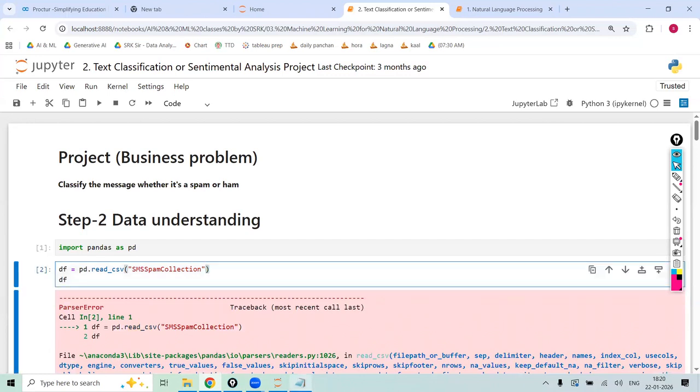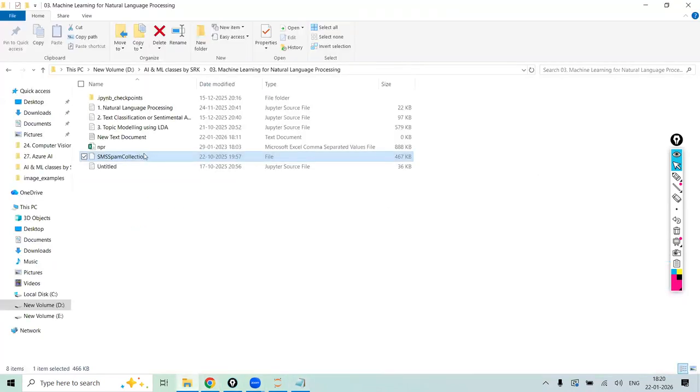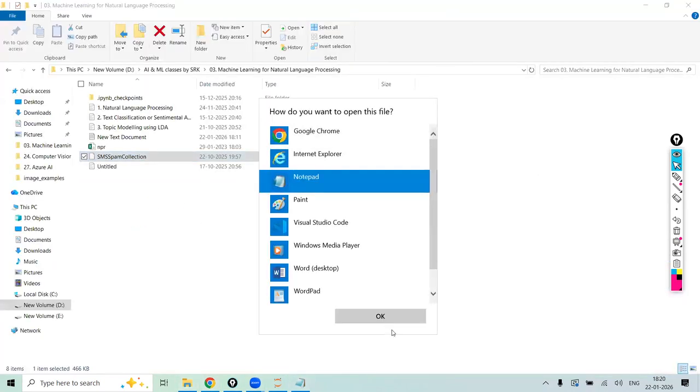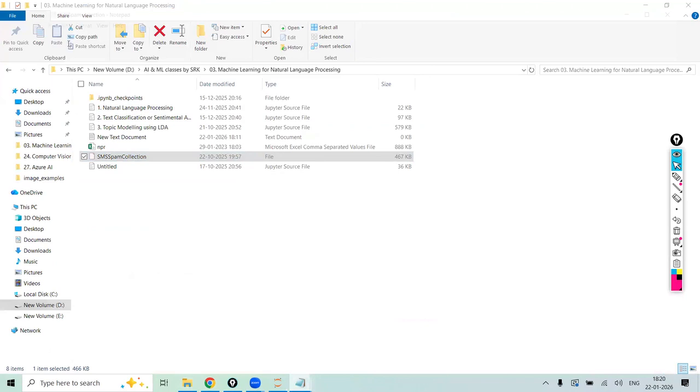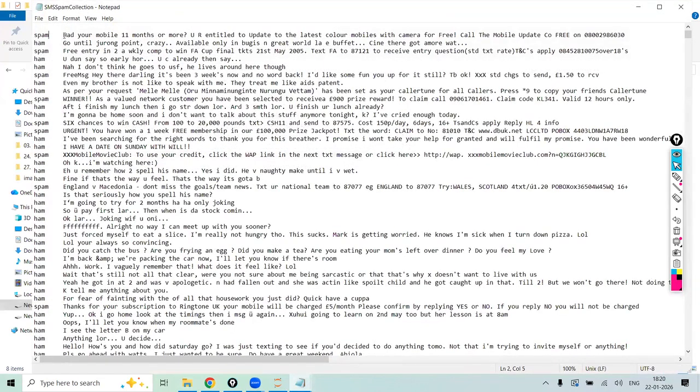Now how am I going to separate the data into two columns? Here I'm going to consider this flat file. Within this flat file there is a tab space here. Can you see the tab space? Whatever is before the tab has to be considered in one column, and after the tab has to be considered in the second column.